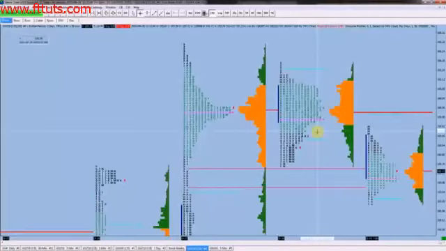So here we have a time price opportunity low of 90 and we have a high of 10. That's where the market spent 70% of its time. Yet the volume was spread out differently.